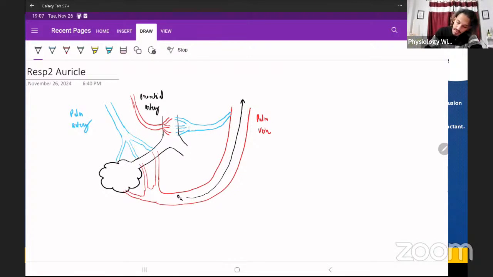But a small fraction of deoxygenated blood has just entered into this. This is what we call a shunt. So because of the presence of this shunt, the blood can usually never be 100% saturated. Oxygen saturation will never be 100%. Usually it is less than that. Okay, so one reason is this.